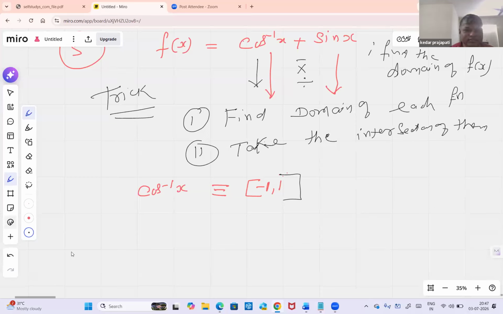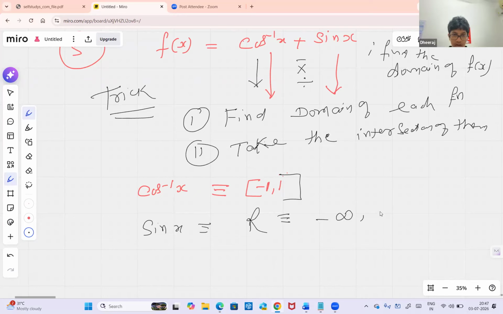And sin x, no, it's sin x, not sin inverse x. Sin x domain is all real numbers. Right? See, that's the reason I'm giving. It means it will be between minus infinity to infinity.